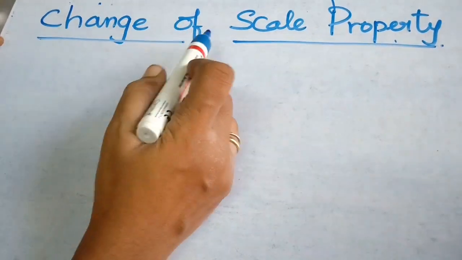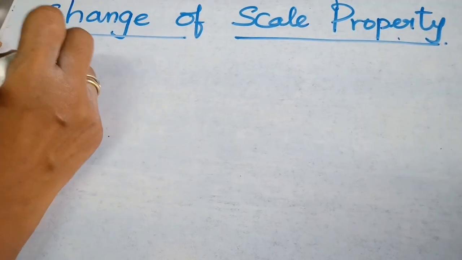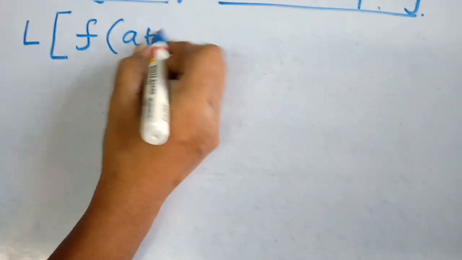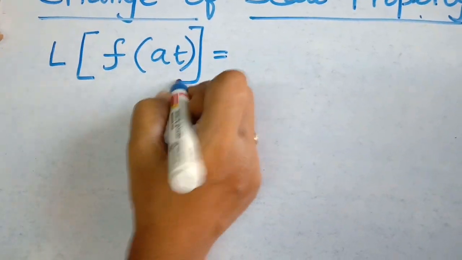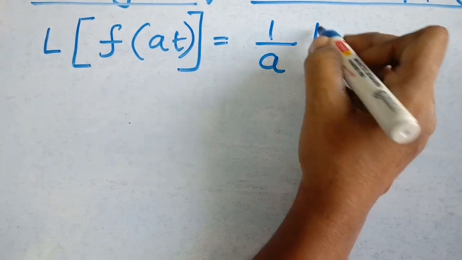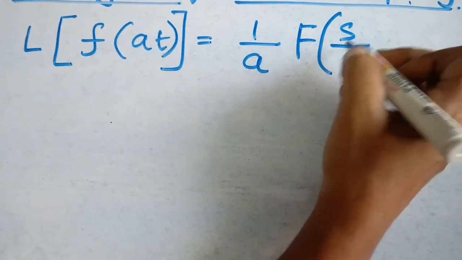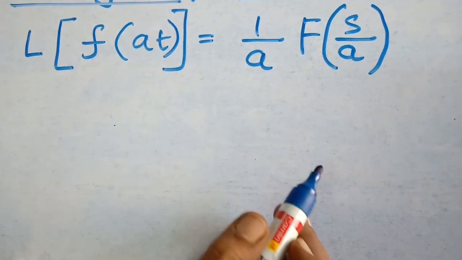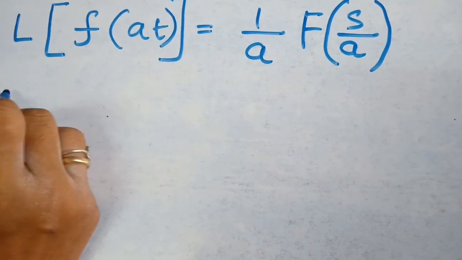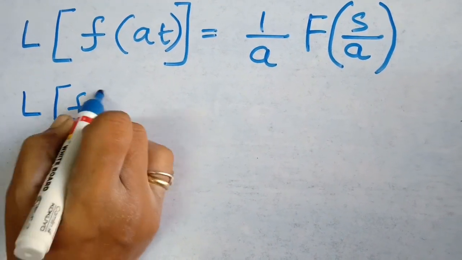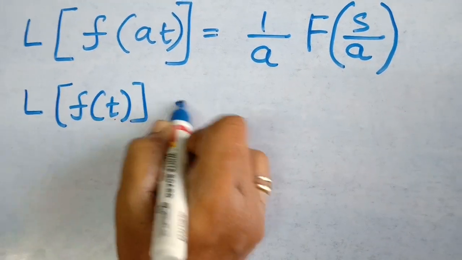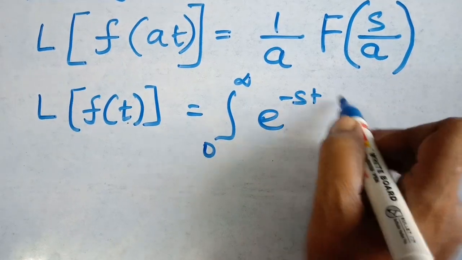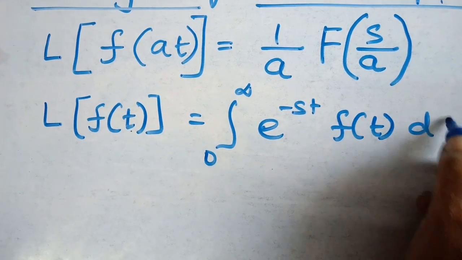Now we prove the change of scale property. That is, L of f of at is 1 by a F of s by a. Now we are going to prove this change of scale property. So we write the definition of Laplace transformation, which is L of f of t is 0 to infinity e power minus st f of t dt.